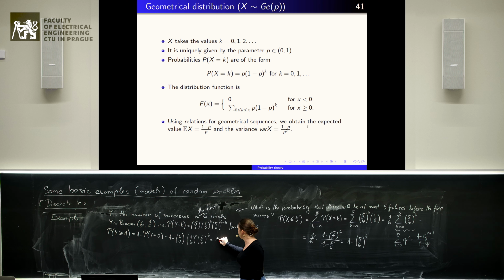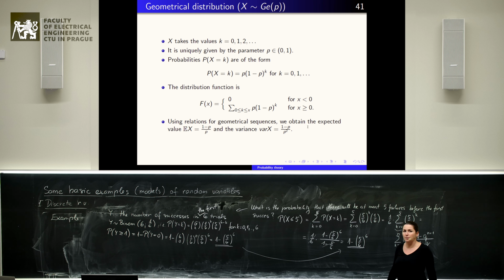And it is nothing other than 1 minus 5 over 6 to the power 6. The same result as we have here. And in fact, both of these approaches make sense, because what does it mean that there are at most 5 failures before the first success? It is in fact 1 minus the probability that the first 6 trials were all not successful. So in fact it is 1 minus the probability of the complementary event.